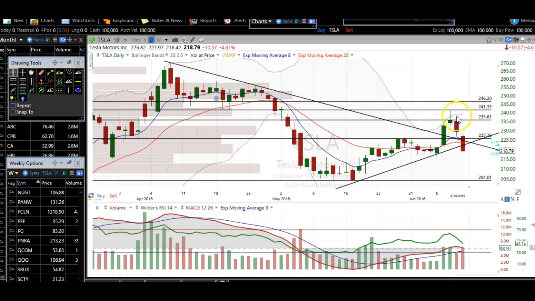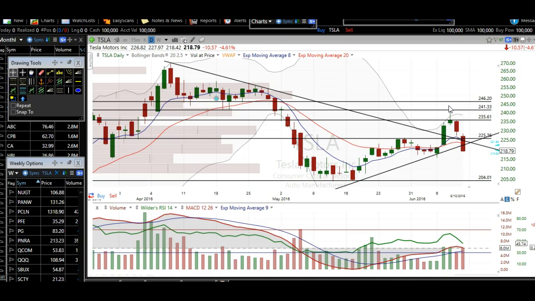So we hit that target dead on, and from there I liked it for either a consolidation, kind of a no-touch for me. I should clarify, I didn't necessarily like it short, but I definitely liked taking profits up here at this range, and that ended up working out perfectly.